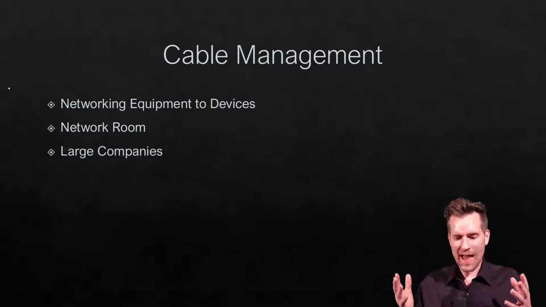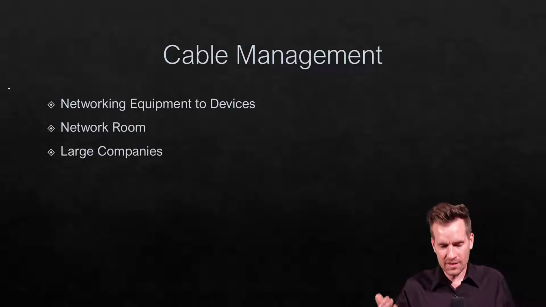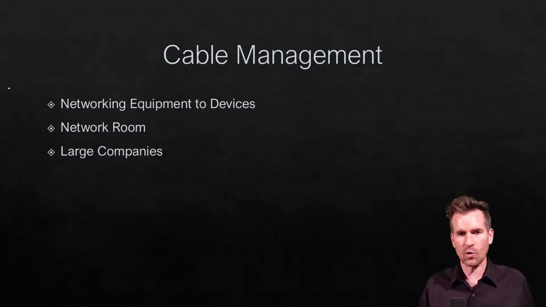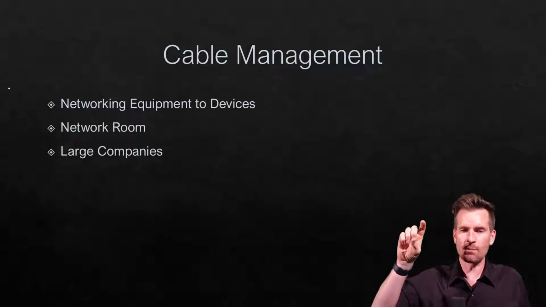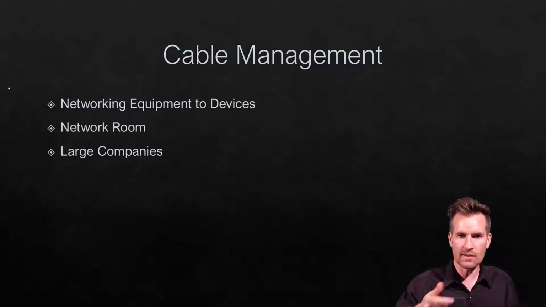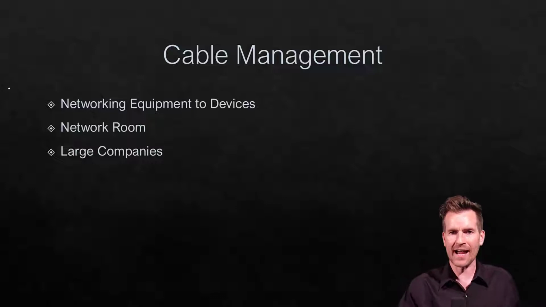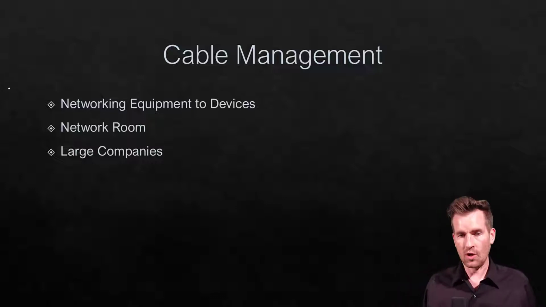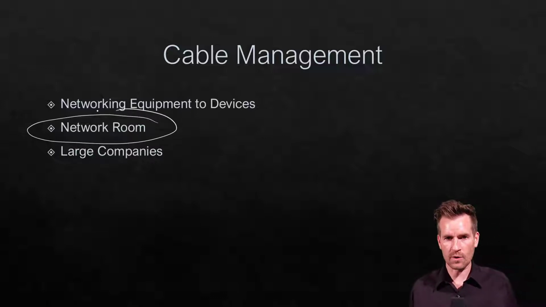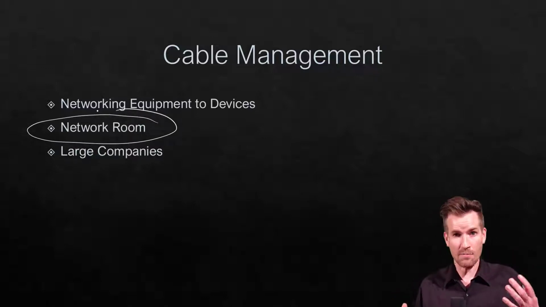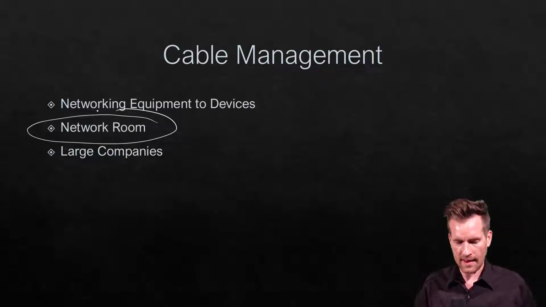All right, there you have it. This is how you manage the cables. We talked about the networking equipment and how we have switches and patch panels, and how we create these runs that go out to the different jacks throughout the office. So you do that by having a network room or multiple network rooms, and we even took a look at some of the components that you see within the network room and some of the cable management that happens within those network rooms.